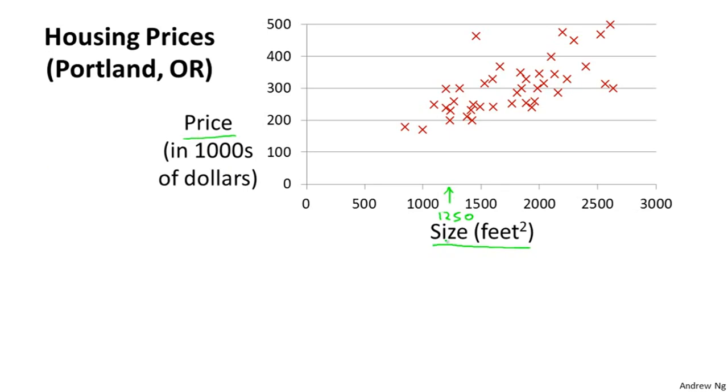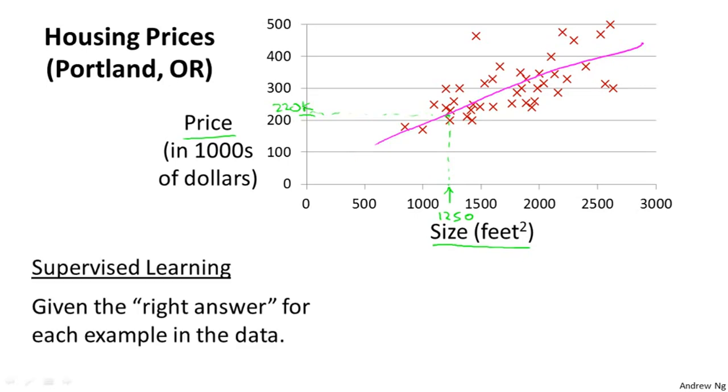Well, one thing you could do is fit a model, maybe fit a straight line to this data. That might look something like that. And based on that, maybe you could tell your friend that they can maybe sell the house for around $220,000.